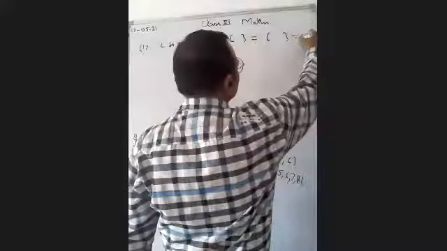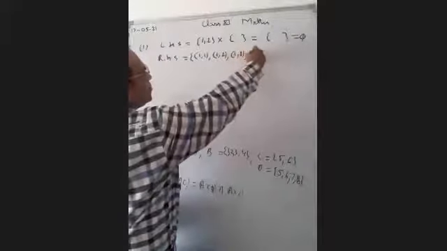That is 1, 1, 1, 2, 1, 3, 1, 4, 2, 1, 2, 2, 2, 3, 2, 4.